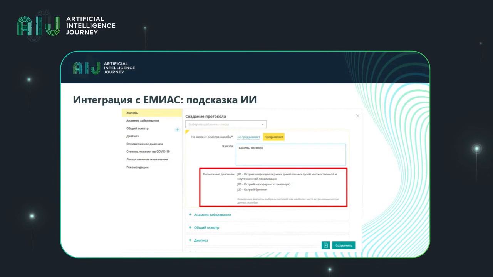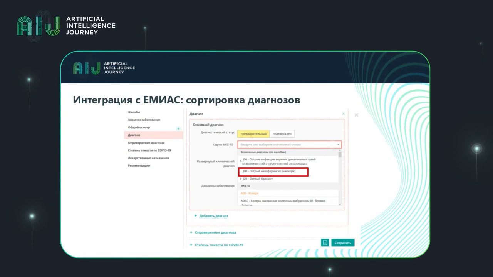Let me show you what the doctor sees in the integrated medical system, and when they fill in the complaints field, then they see online the hints that can be used.